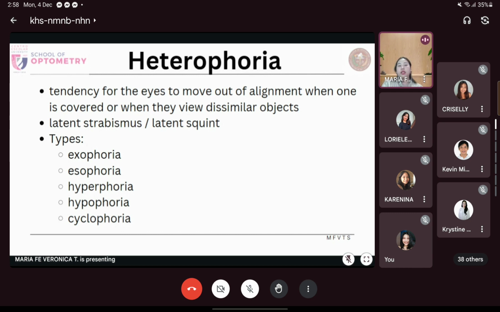You are all familiar with exo and eso. For hyper, ano yung deviation? Saan yung direction? Upward, tama? Okay. How about hypo? Downward. Okay. And with cyclo?